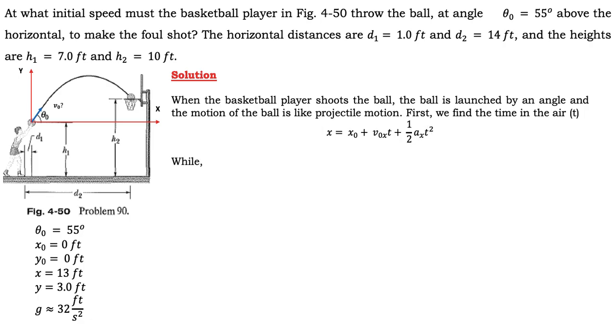In the horizontal direction, or x direction, from the moment the ball leaves the player's hand, there are no forces, so there's no acceleration in the x direction. So we can write ax equals 0, and the initial speed in horizontal direction is v0x equals v0 cos theta 0.